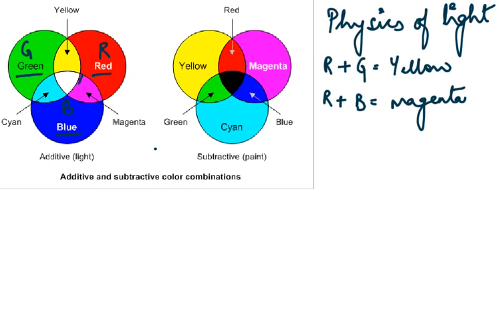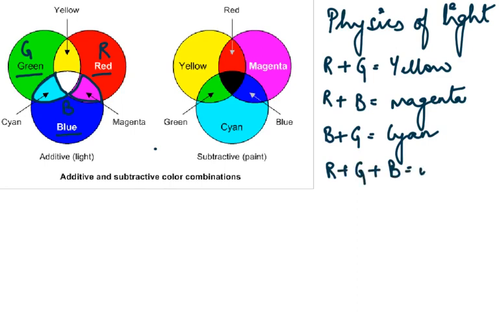This is how magenta looks. If you combine blue and green, you get cyan color. This is cyan color here. And if you combine all three primary colors, that is red, green and blue, you get white light.